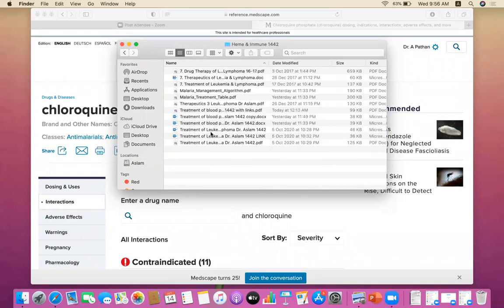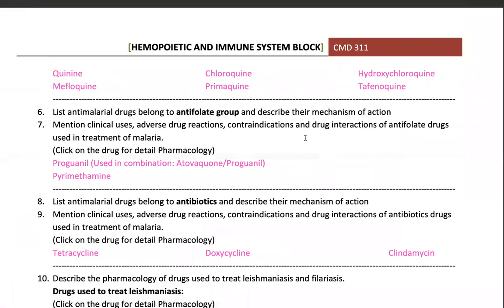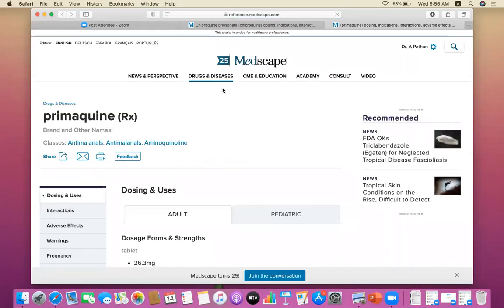Each drug is provided with pharmacology. Just click on the drug and you will land on the pharmacology page. Now we will see primaquine. Just click on primaquine and you will land on the pharmacology page of Medscape's primaquine.